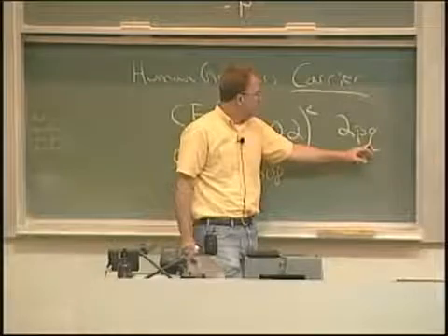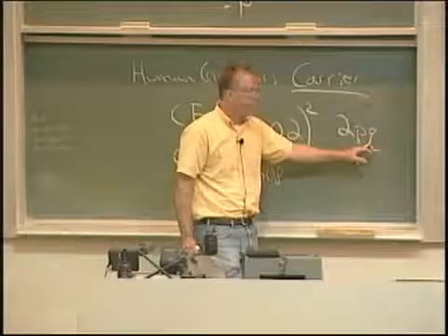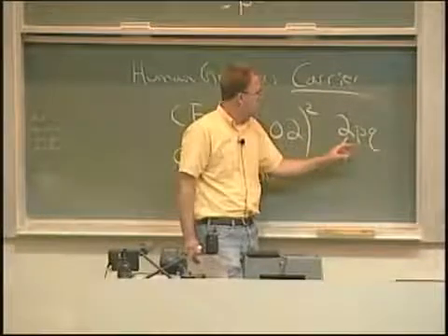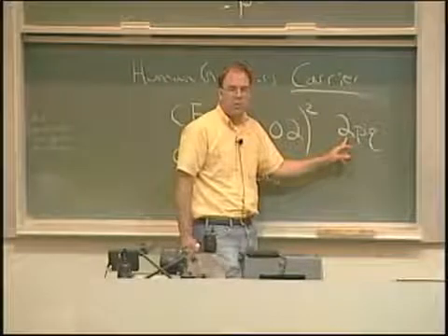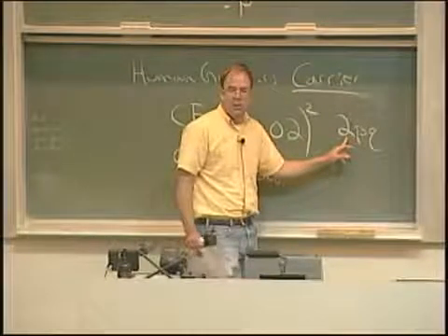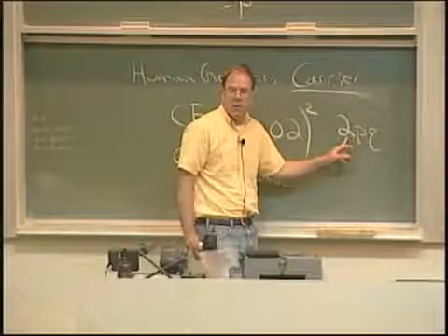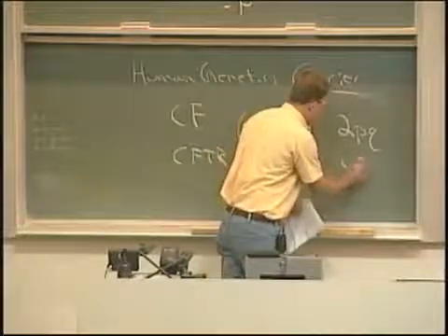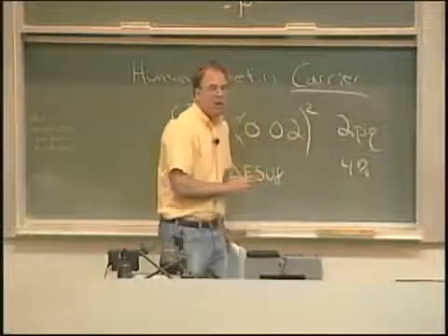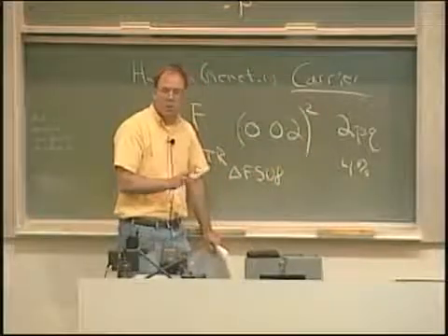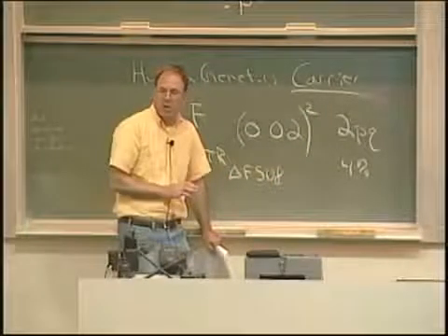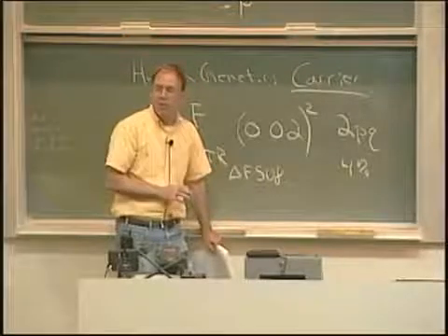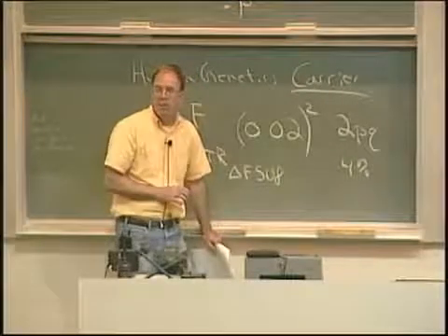So generally speaking, the frequency of carriers for rare genetic diseases is roughly twice the frequency of the disease-causing allele. So in this case, the frequency of carriers is about 4%. Now, do you see how I did that? I didn't actually do 2pq. You'll get a number that's slightly different, a little bit smaller than 4%, but it's roughly 4%, roughly twice the frequency of the disease-causing allele.